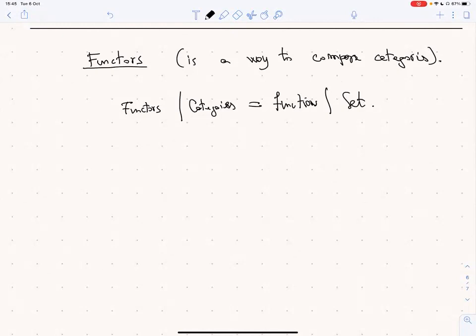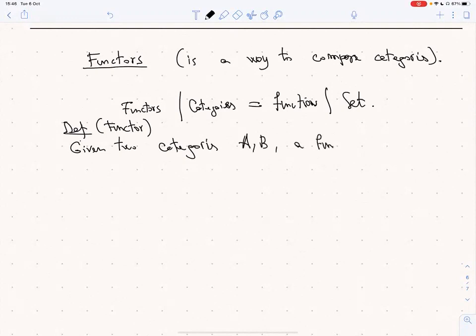So what is a functor? So given two categories A and B, a functor is a class function going from the objects of A into the objects of B. Maybe I will call it F, okay?